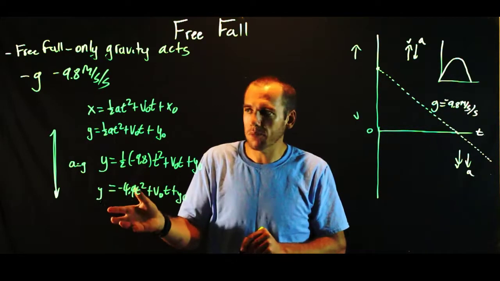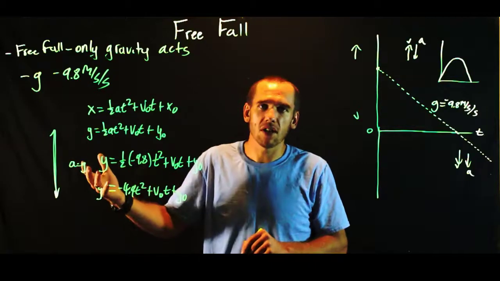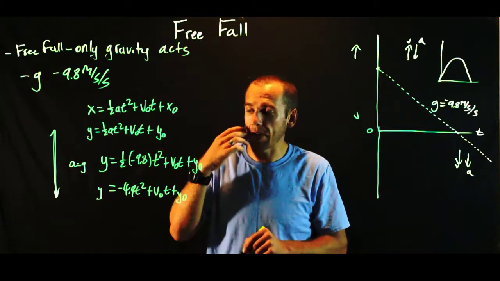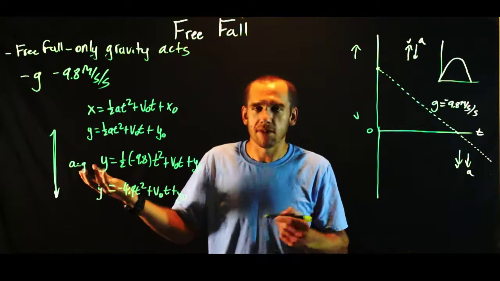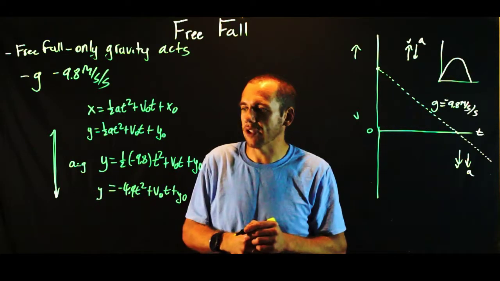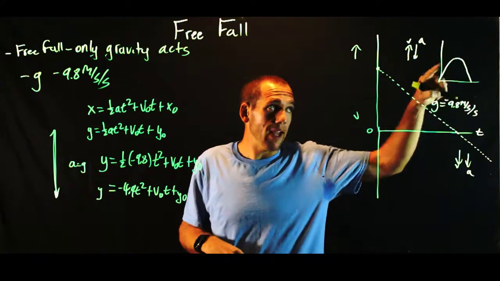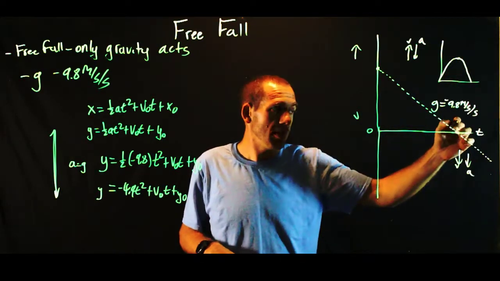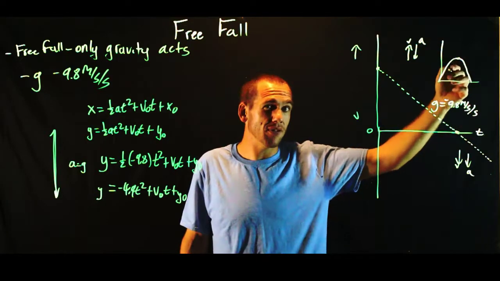Now, solving free fall problems is just like solving any other problem with the kinematic equations. We just know that our acceleration is negative 9.8 meters per second squared, assuming we picked up to be the positive direction. And so this parabola actually has this cool spot up here, which is its highest point. That's when its velocity is 0.